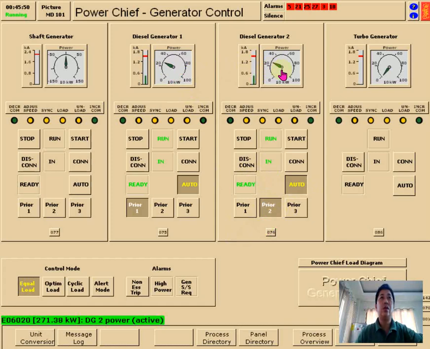So we already discussed the automatic starting and stopping.